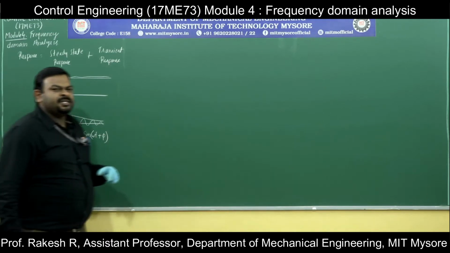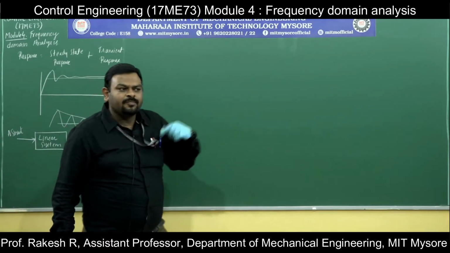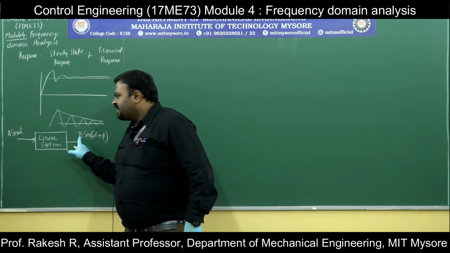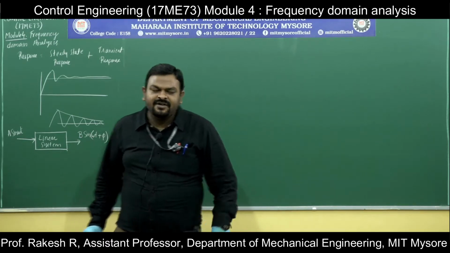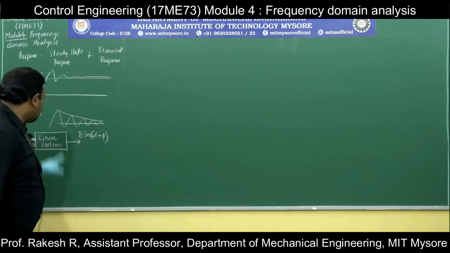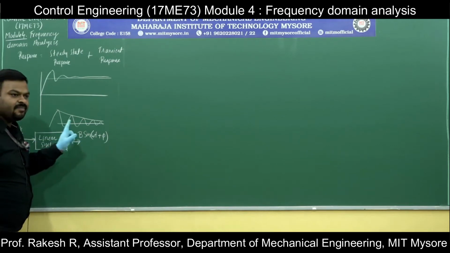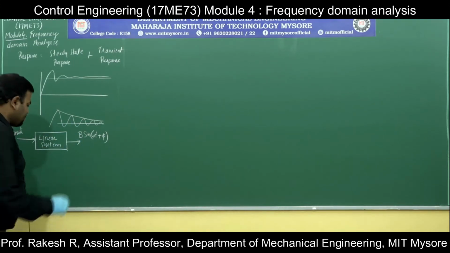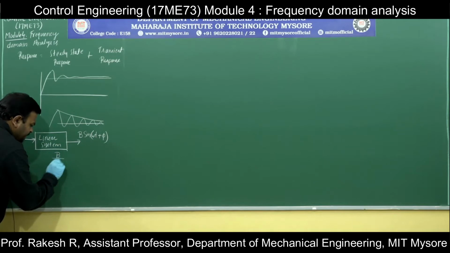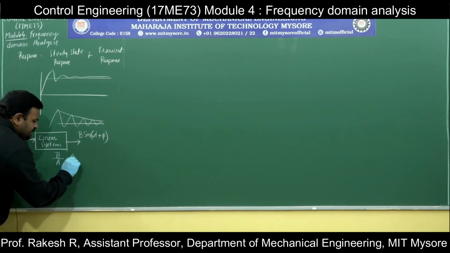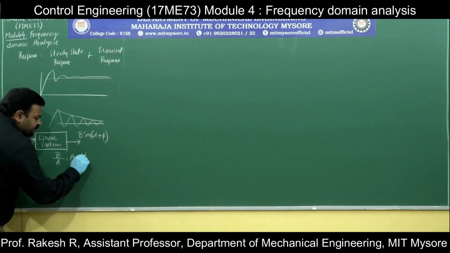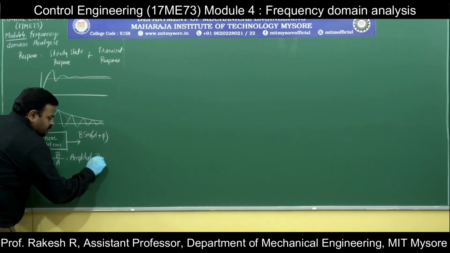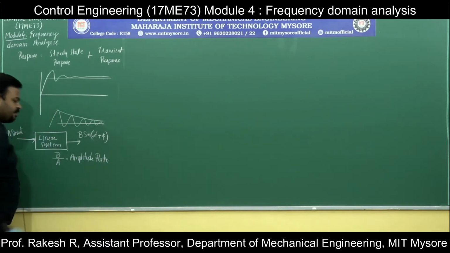The input test signal is sinusoidal, and the output is also sinusoidal in nature. What is the difference here? Instead of A, the magnitude will be B. I need to know what exactly that is, so I will calculate B by A, which is the amplitude ratio.